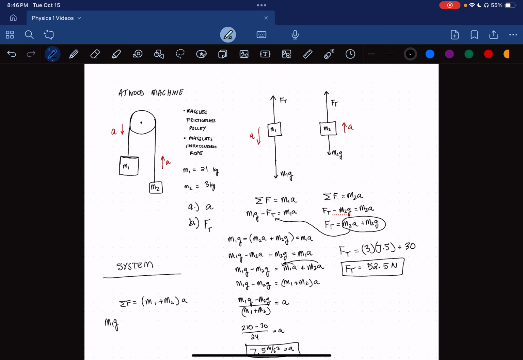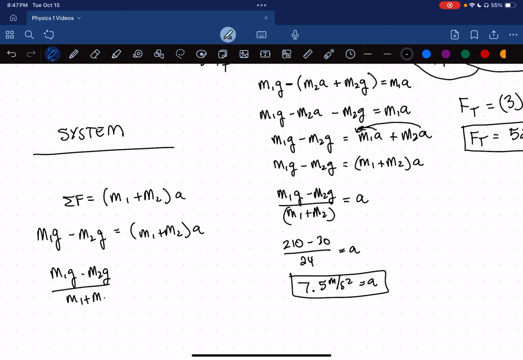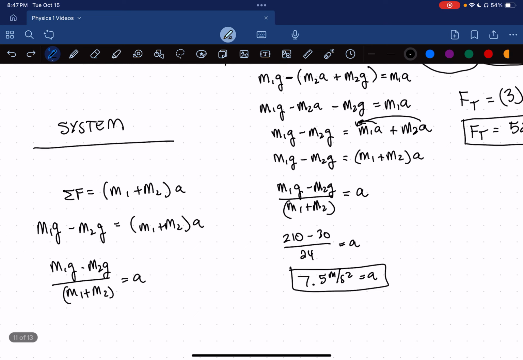And the Ft's here kind of cancel, so clearly it's the m2g that opposes that acceleration. So we're going to subtract that one. Those two forces equals (m1 plus m2) times a. And of course, m1g minus m2g over m1 plus m2 equals a. Well, this looks a lot like this over here. And so we get the same result looking at it that way.